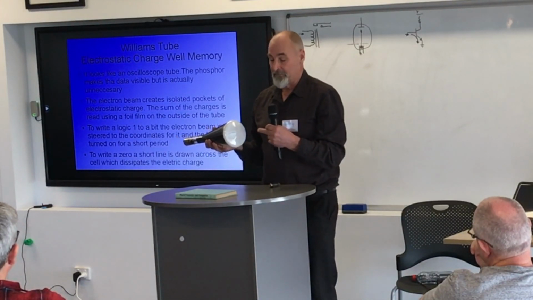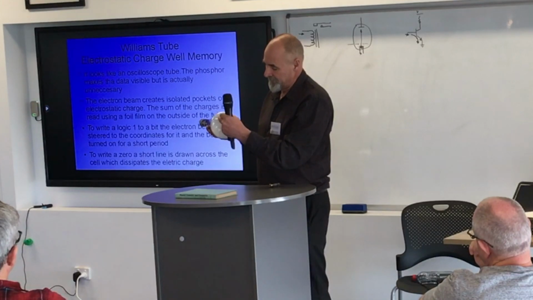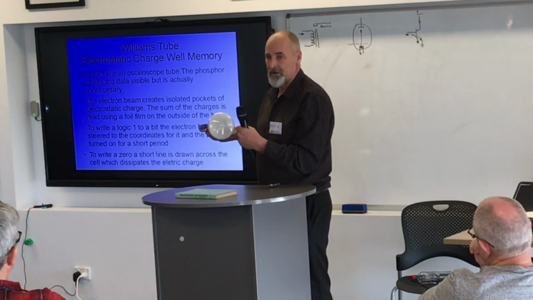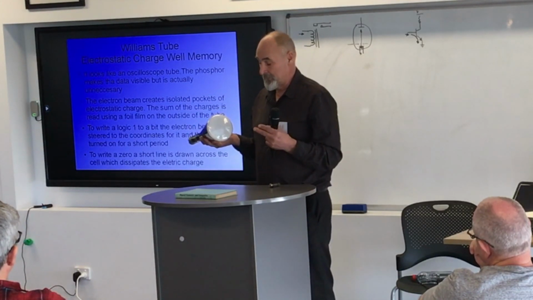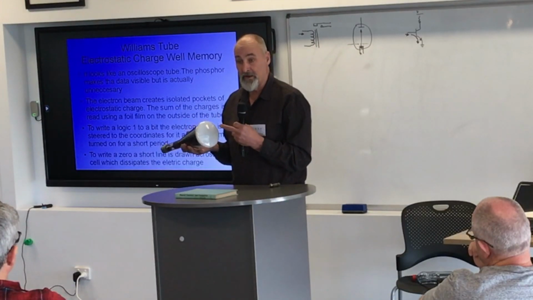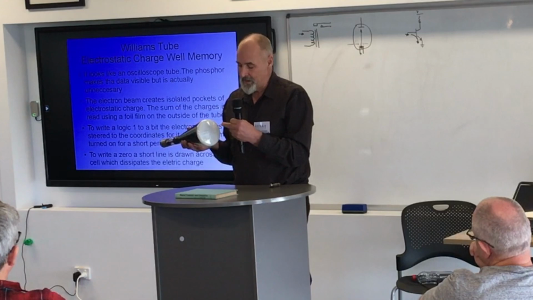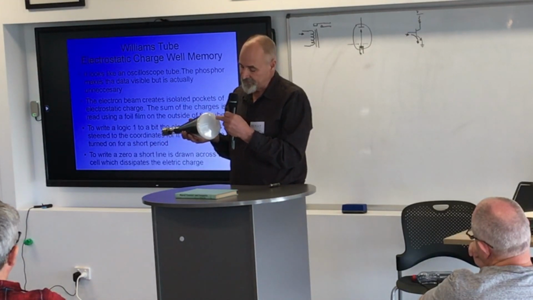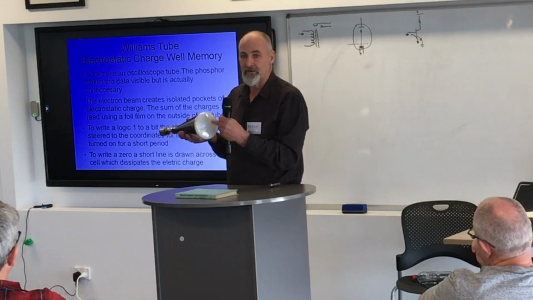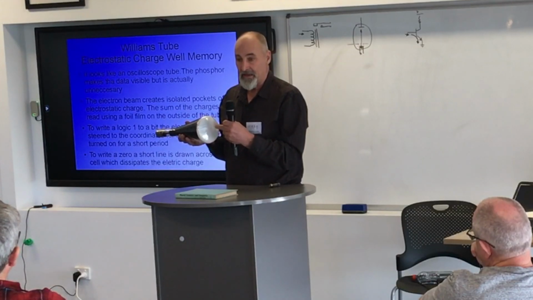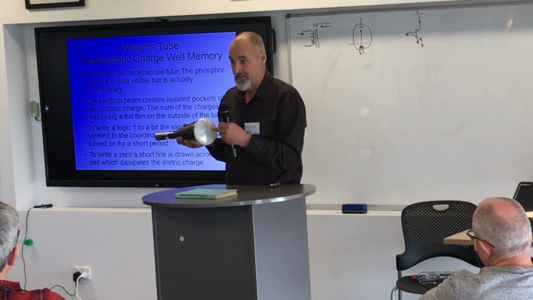So the whole idea of a Williams tube is you draw a bunch of dots across the screen, and here's the really interesting bit: you don't need phosphor. The electron beam strikes the surface and creates electrostatic charge on the outside surface of the tube, and that's the information, not the phosphor.